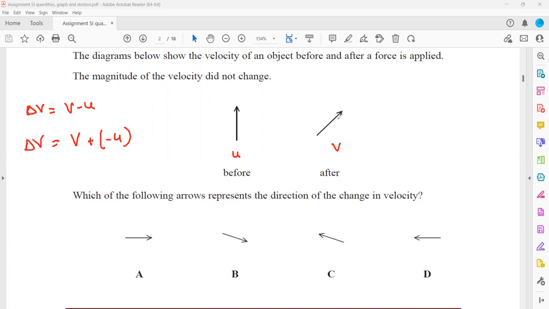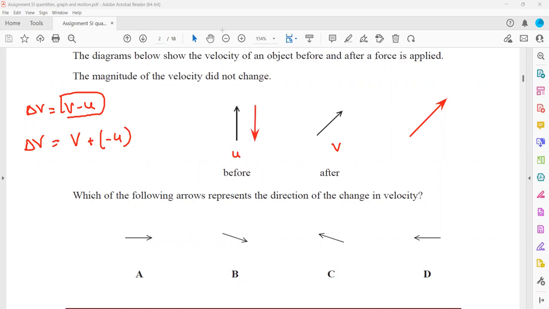So if I want the change in the velocity, first what I should do is draw the final vector, so v. Then I should draw minus u, because the change in velocity is v minus u, but in vector addition, it is v plus minus u. So if u is up, what will be the direction of minus u?